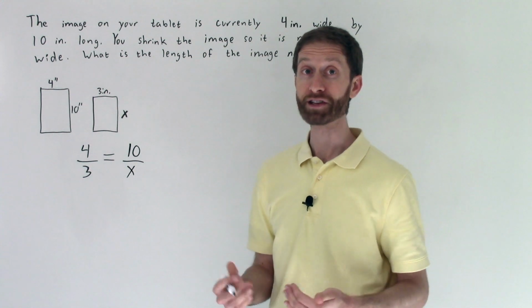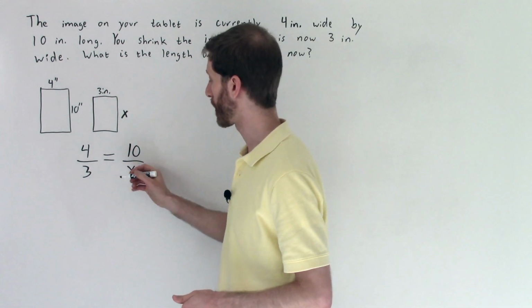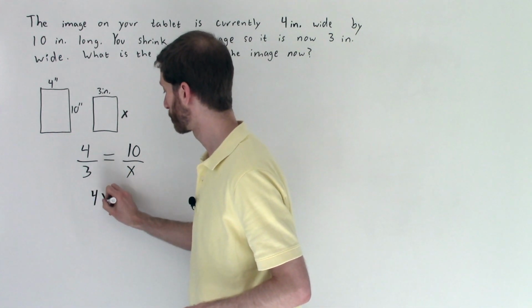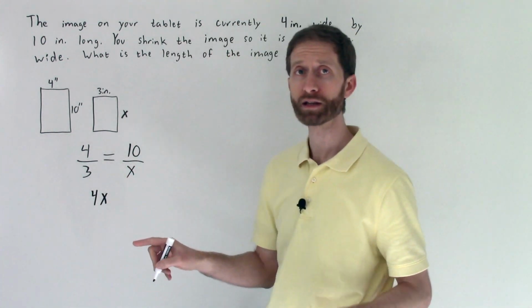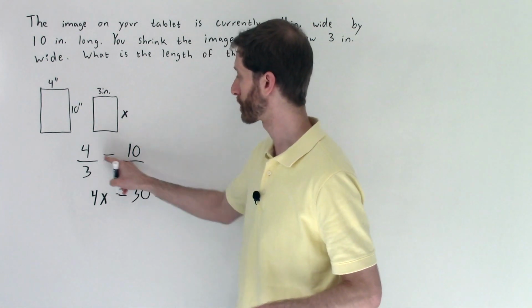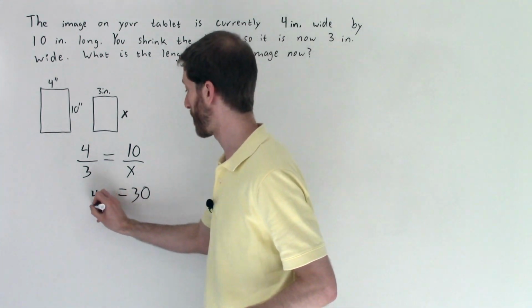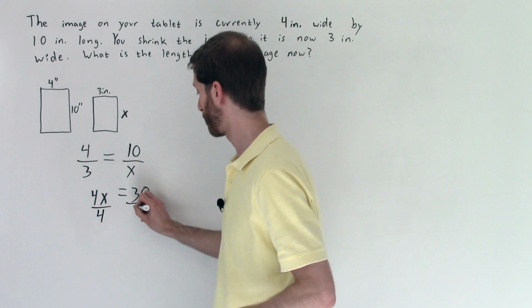Now what I have left is just to solve out that proportion. So I'm going to cross multiply 4 times x, and then 3 times 10, which is equal to 30. So 4 times x, 3 times 10. Then I've got an equation to solve out. I divide both sides by 4.